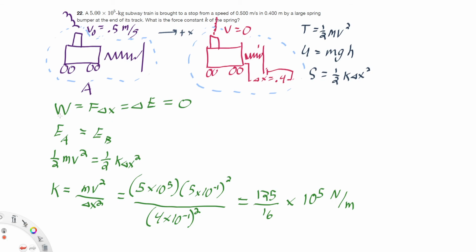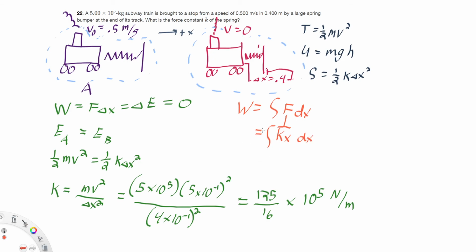If we remember our calculus class, instead of saying that work is F times delta x, we actually say work is the integral of F dx. So in this case, the force is being provided by the spring. So we have kx, that's the force, dx.